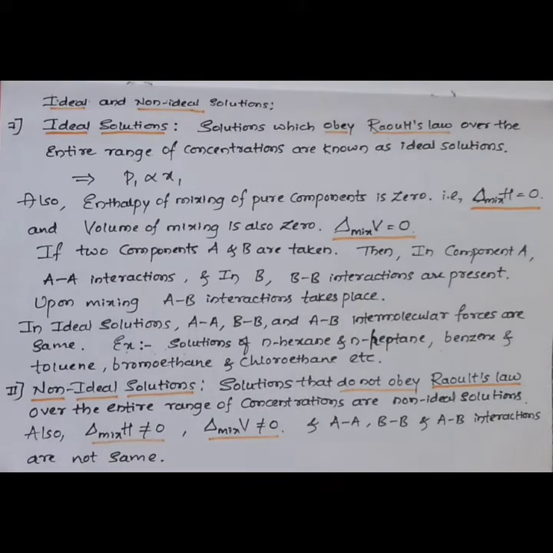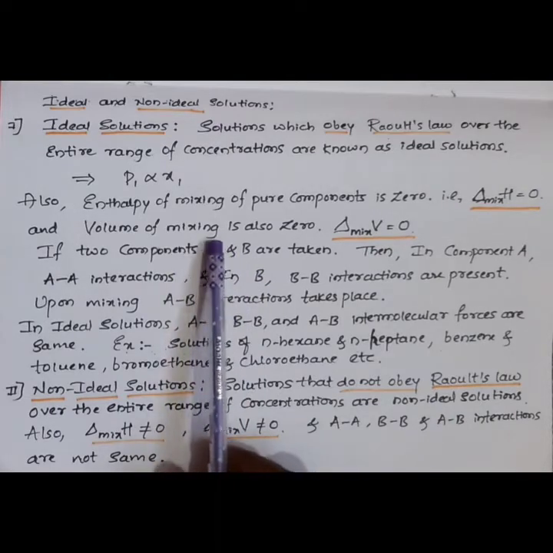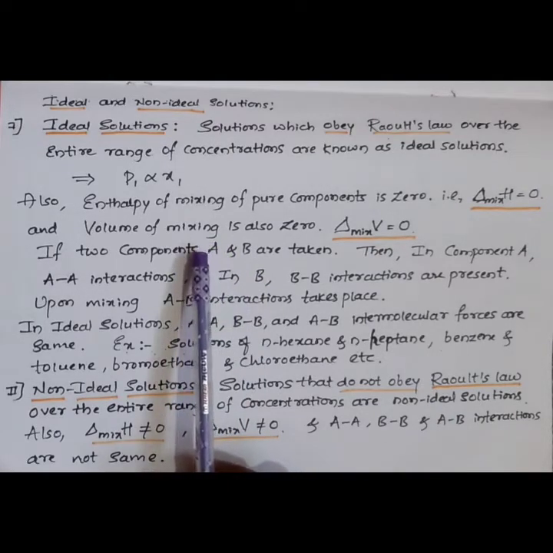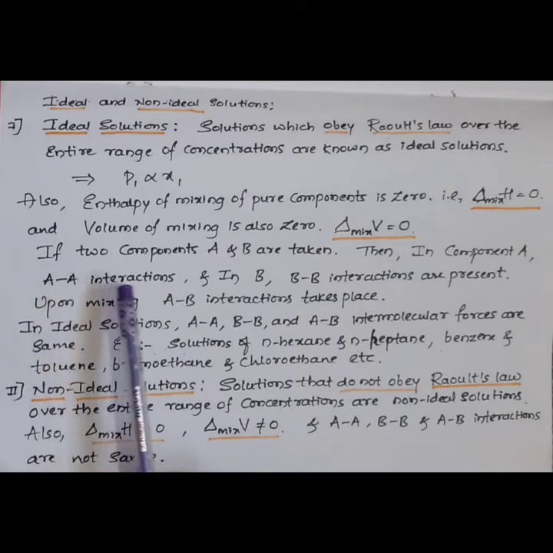And along with this, suppose I have taken two components, A and B. In component A, only A molecules are there, and those molecules interact with each other, so we observe AA interactions.